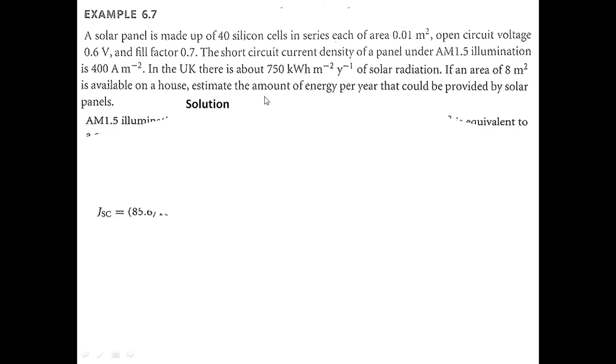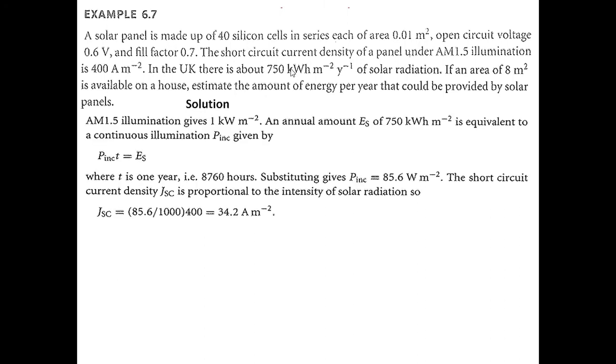If you see the units here, this is nothing but kilowatt hour per meter square per year. The unit of year and hour is the same thing, so you just substitute for the year: in 1 year there are about 8760 hours. You divide by that, so the hour is removed.